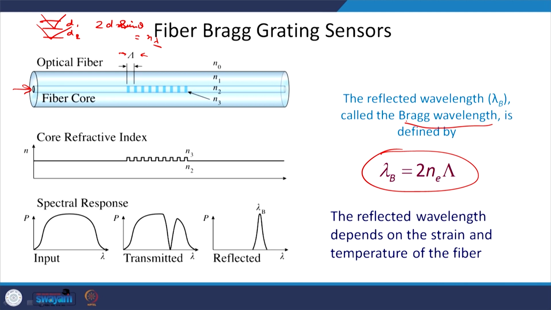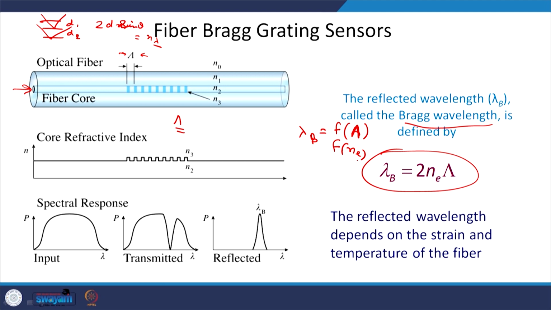So, if somehow you change this capital lambda, so lambda b is a function of capital lambda, and it is also a function of n e, the effective index here.